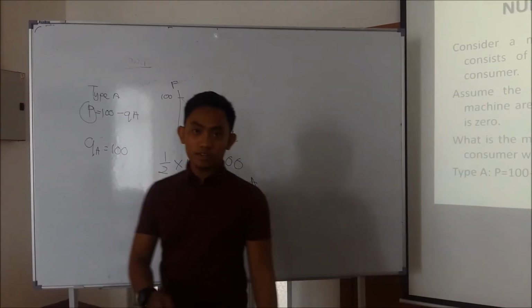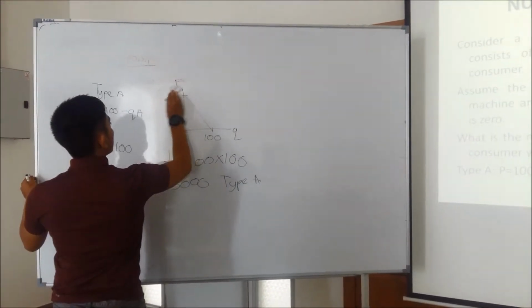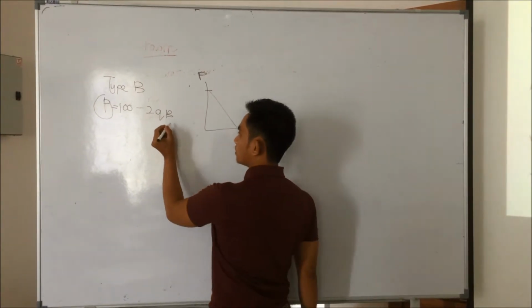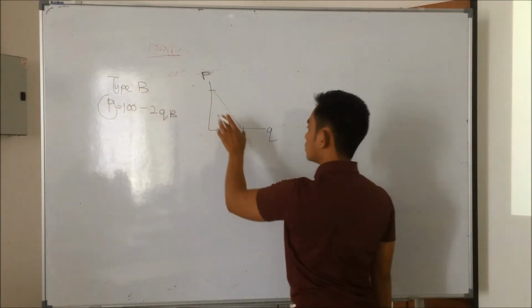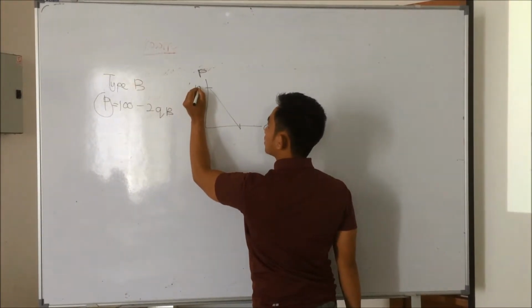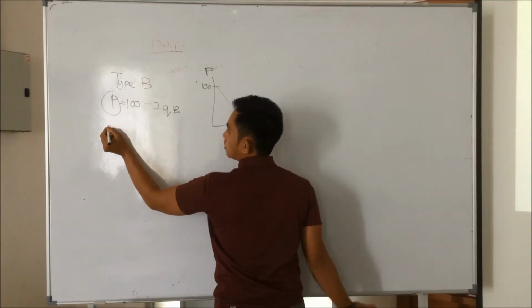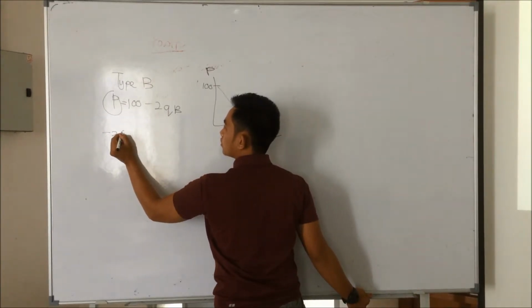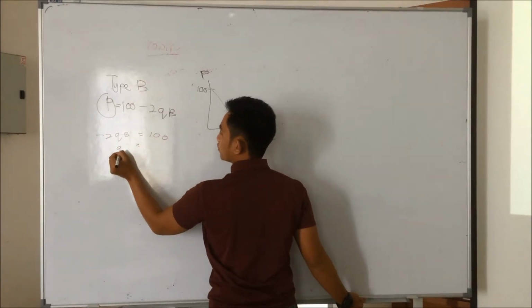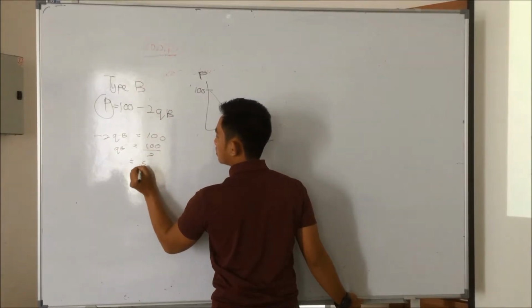Okay, we move on to type B. This is the question of type B. We want to know the quantity and the price. The price we know is 100. The quantity we don't know, we must calculate. 2 QB equals 100. QB is 100 divided by 2, which is 50.